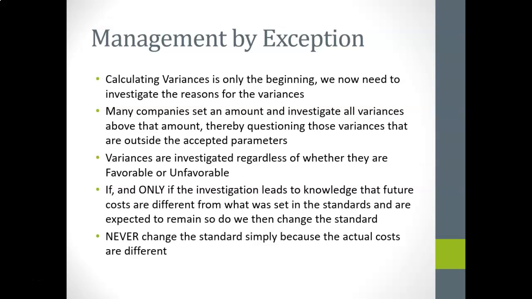If and only if the investigation leads to the knowledge that future costs are different from what was set in the standards and are expected to remain so, do we then change the standard? We never change the standard simply because the actual costs are different.